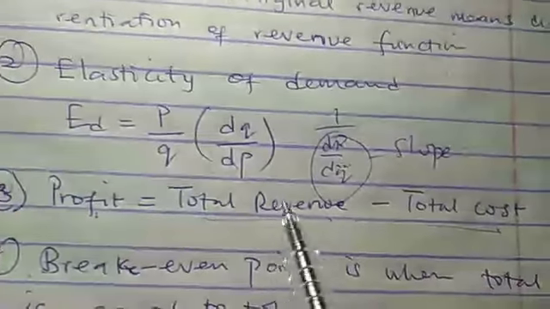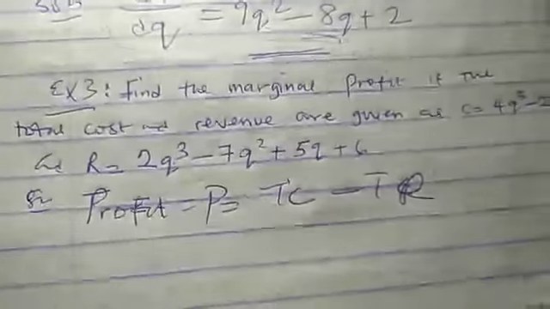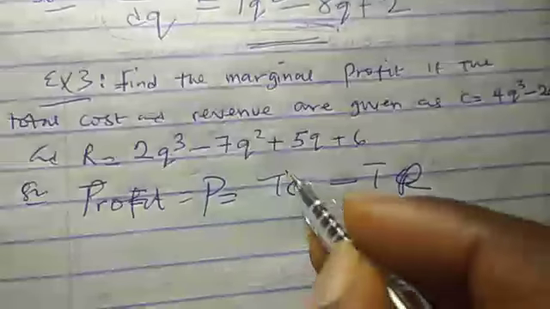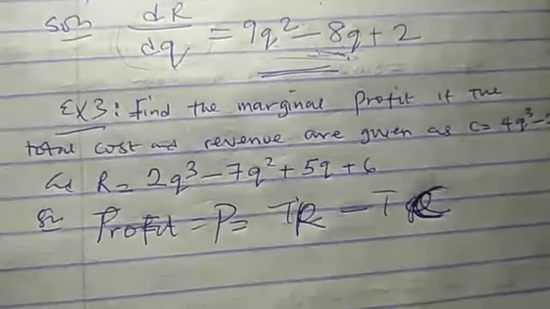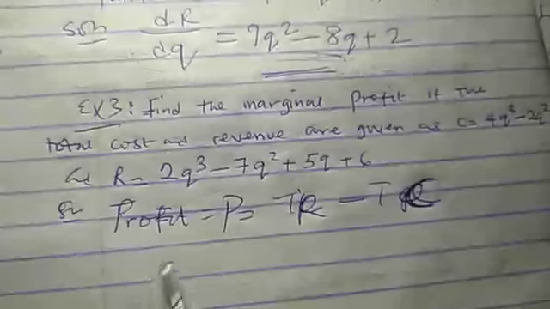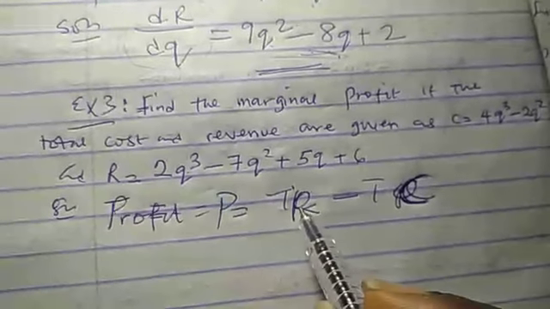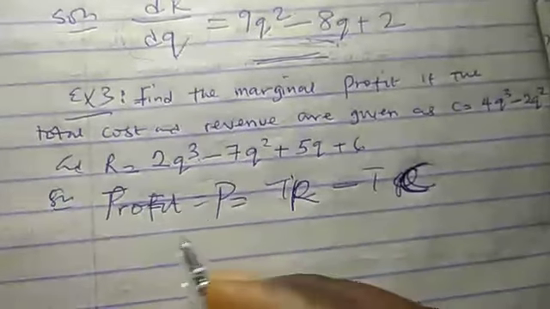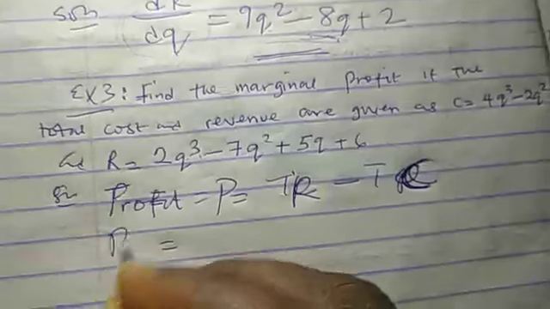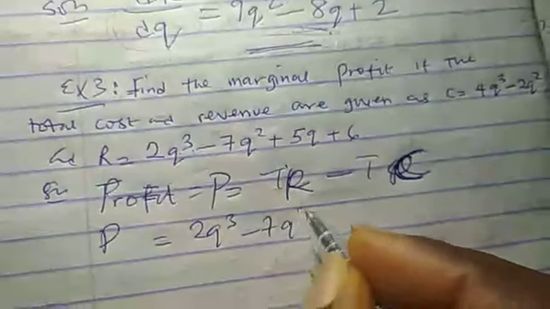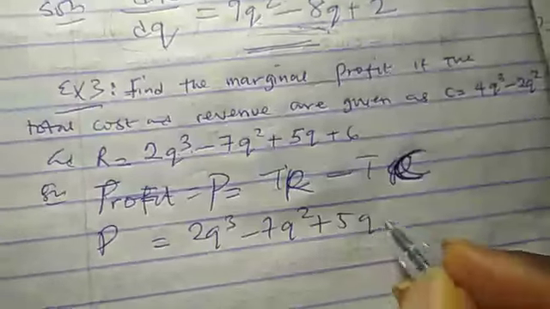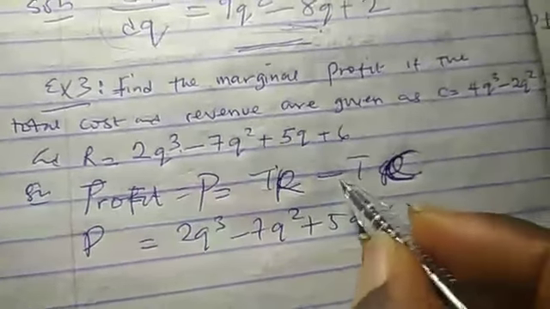Profit is equal to total revenue minus total cost. Now, what's our total revenue? This is our total revenue here, 2Q cubed minus 7Q squared plus 5Q plus 6, minus total cost.